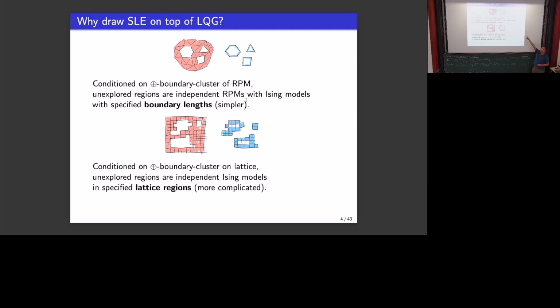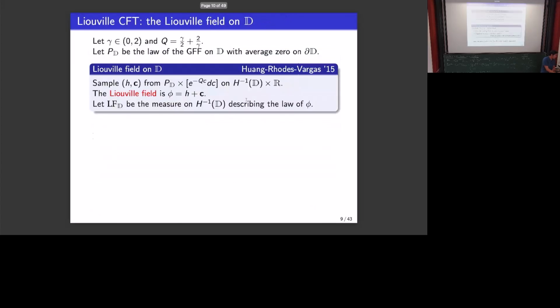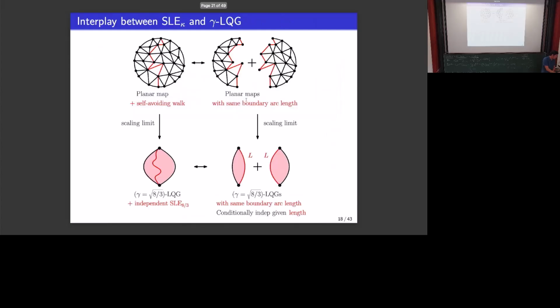The objects inside the holes are conditionally independent Ising decorated random planar maps, and all you need to know to sample them is how long the boundaries are. The same story holds in the continuum. So the analog of the Ising model is going to be the CLE here.